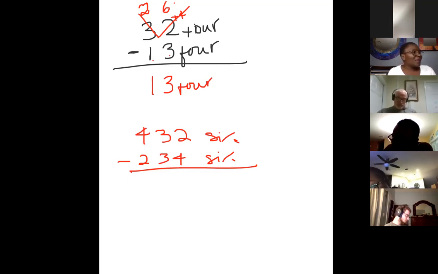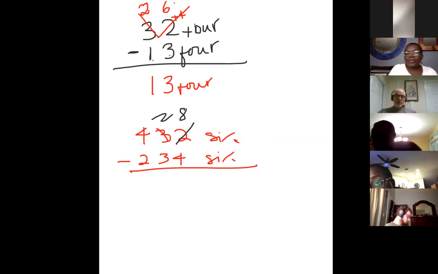All right, so obviously we cannot subtract 4 from 2, so we're going to borrow 1 from 3. So then that 3 is going to become 2. Now you guys tell me, what does the 2 become? 8. Very good. Because the 1 that you borrowed is actually equal to the base, and the base is 6. You already had a 2 there, so 6 plus 2 gives you 8.